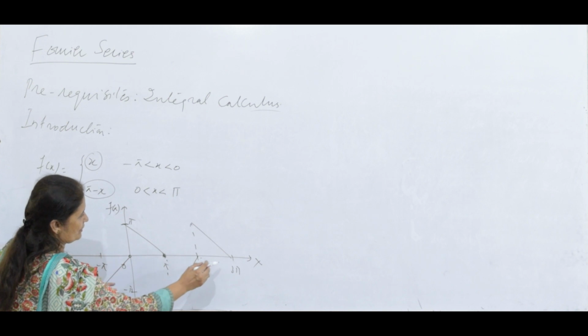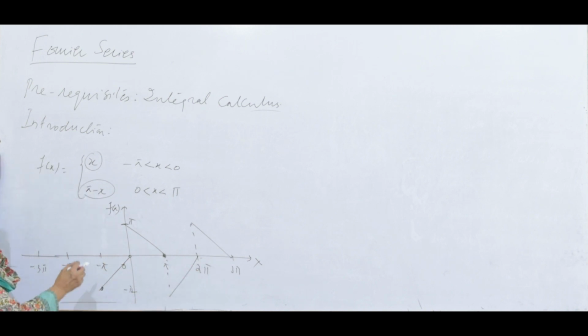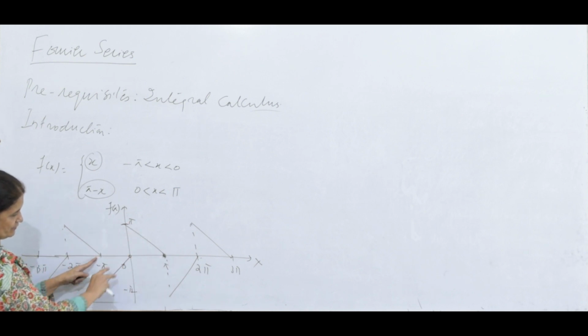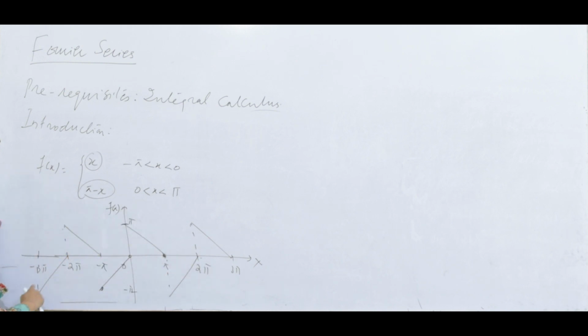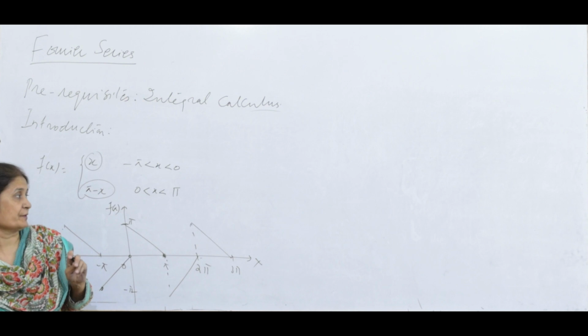Similarly, you can sketch the function like this and this. Once you have shown minus pi to pi, you have to show this graph backward and forward, showing it is periodic.